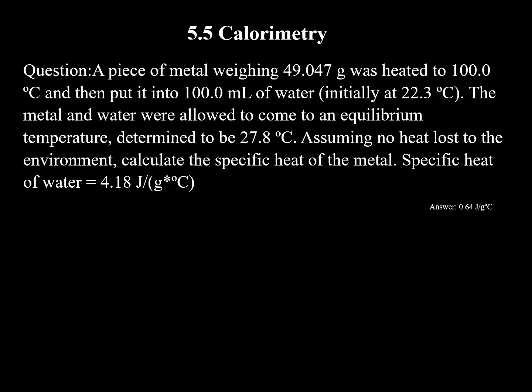So the first step here is to find the heat for the water. So you use Q equals ms delta T. We have, let's say, for the water, for H2O.